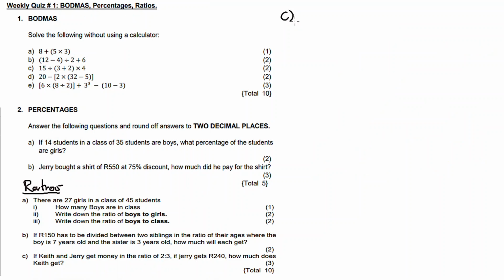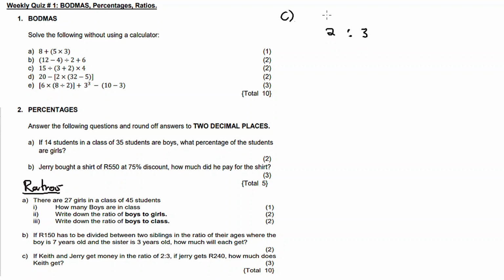C. If Keith and Jerry get their money in the ratio of 2 to 3, if Jerry gets 240, how much does Keith get? All right, so in this case, we are actually calculating an unknown amount. We have a 2 to 3 ratio, right?